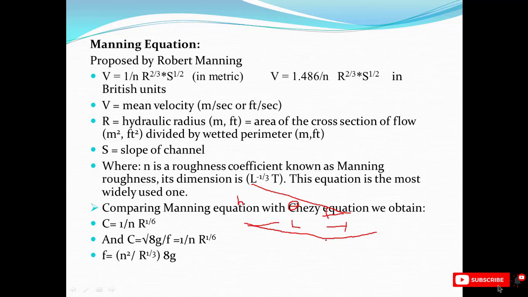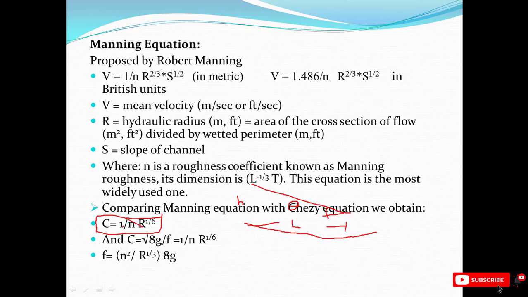By comparing both the Chezy and Manning equations, we obtain the following formula: C equals 1 over n, R to the power 1 over 6. This is the relation between n and C. If we have C, we can find n, or if we have n, we can find C. Previously we said that C is equal to root 8g over f.